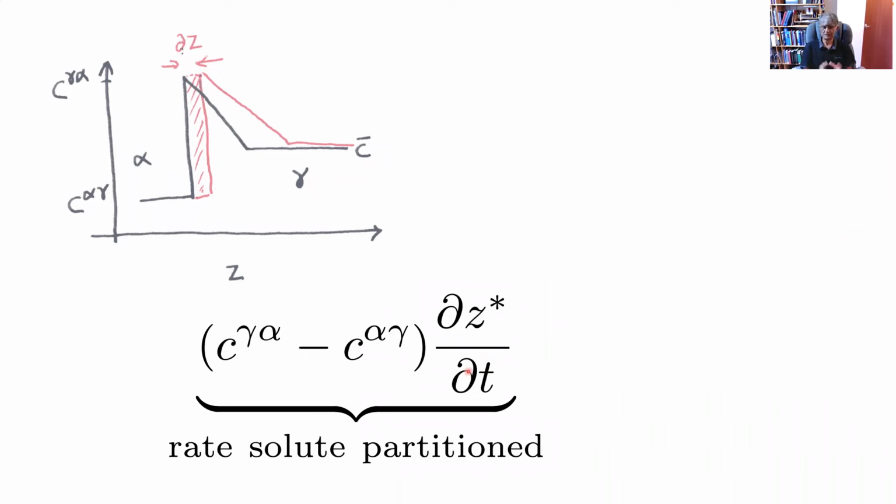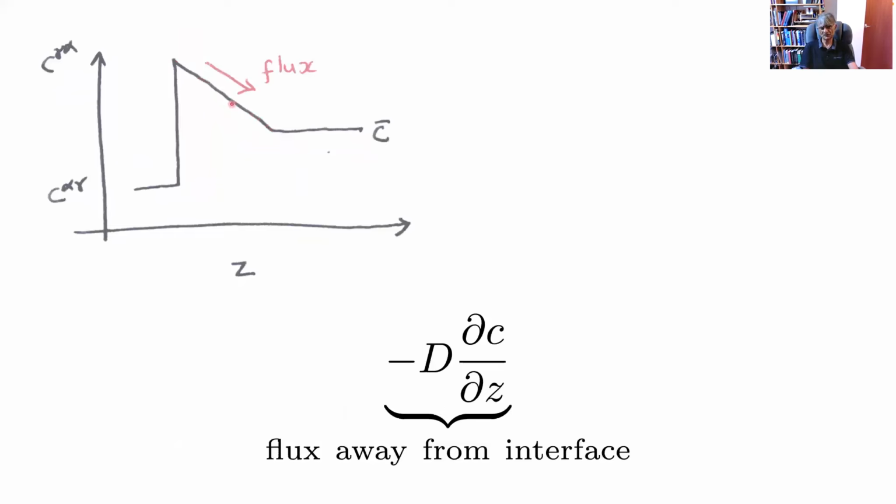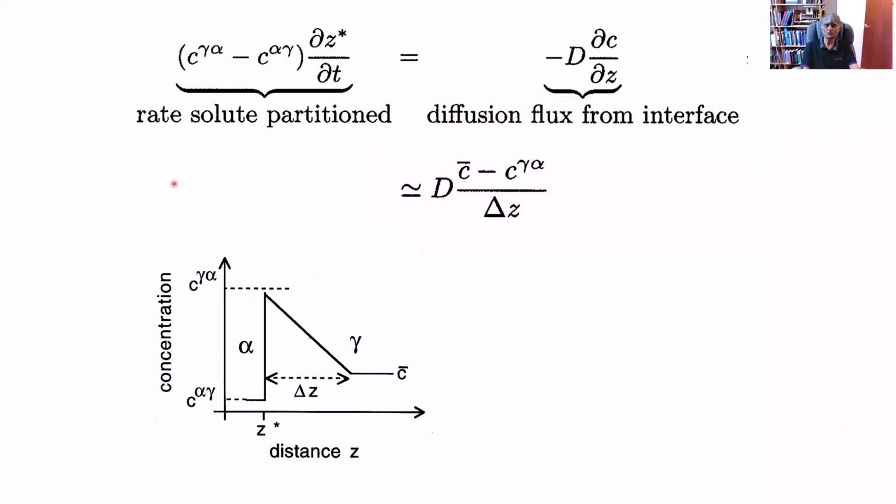So we have a second term here, which is the flux down the interface, which is minus the diffusion coefficient times the gradient in concentration. And of course, if we are going to maintain these concentrations fixed, then these two terms must balance, okay? The rate of solute partitioned must equal the diffusion flux away from the interface.